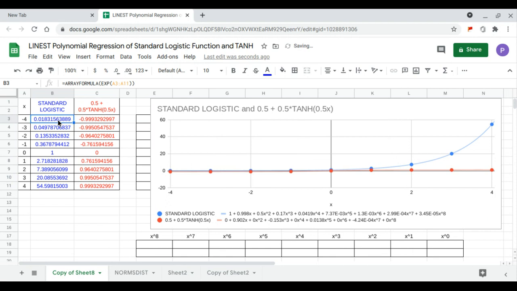We continue modifying the exponential function to its standard logistic. So factor in negative sign. And now it's a decay. Factor in 1 plus.